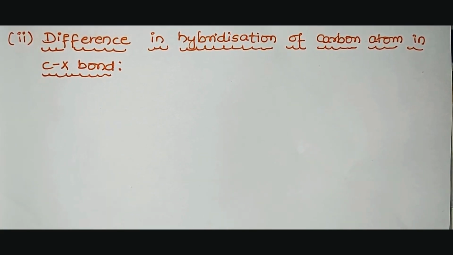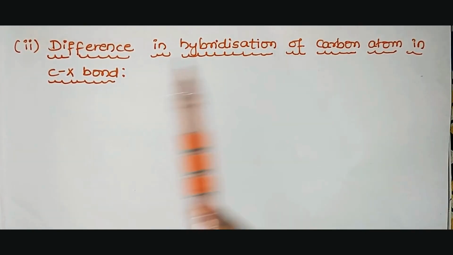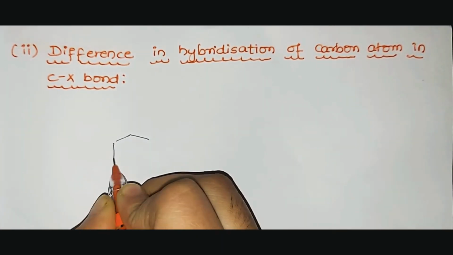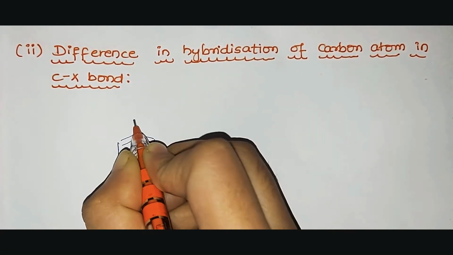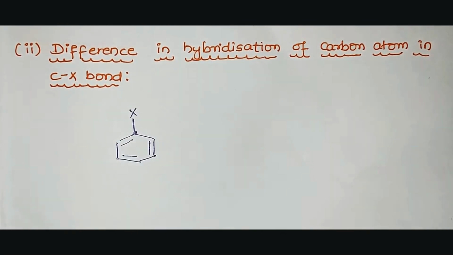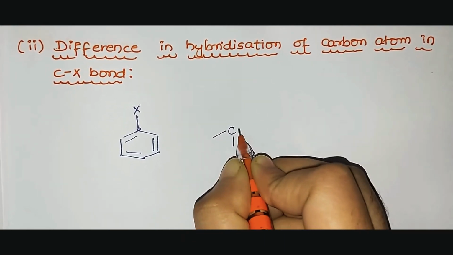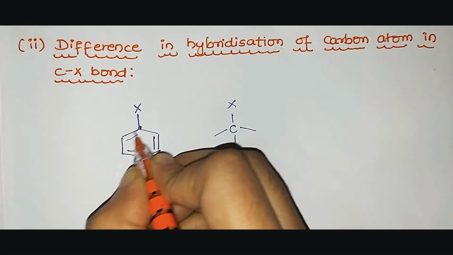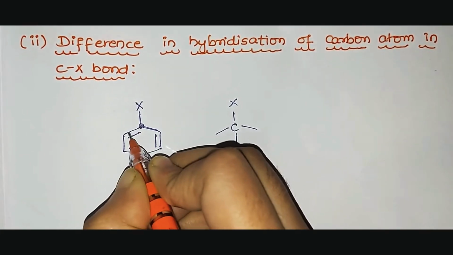The next reason is the difference in hybridization of the carbon atom in the carbon halogen bond. So let us consider the structure of aryl halide. In case of aryl halide, the halogen is bonded to the carbon atom of the benzene ring. Here we see carbon has a double bond on one side, a single bond on one side, and another single bond on the other side.